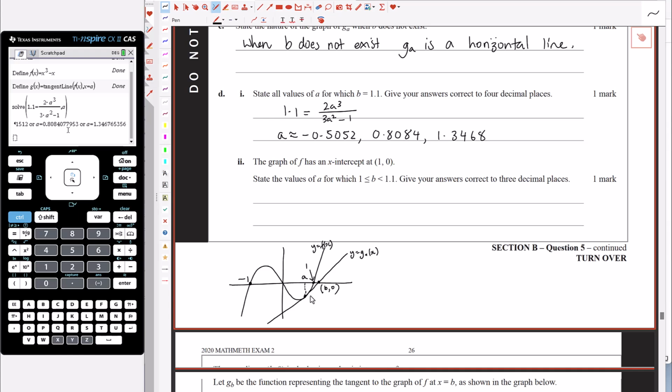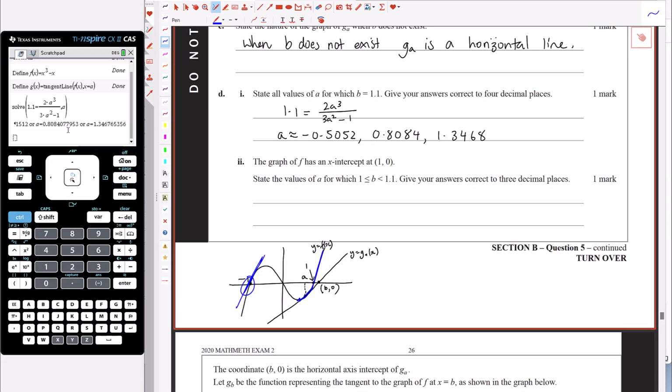Okay, so that's certainly going to have to happen when A is somewhere past this second turning point. If A is somewhere in here, the x-intercept is not going to be happening out here past 1. And if A is somewhere over here, the x-intercept is certainly not going to be happening out past 1.